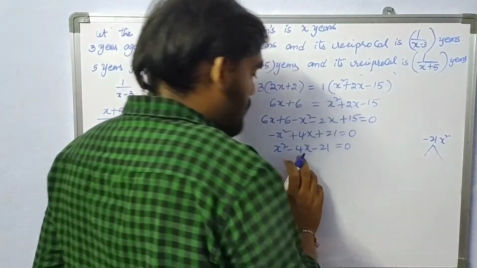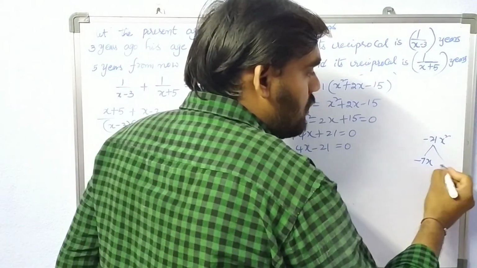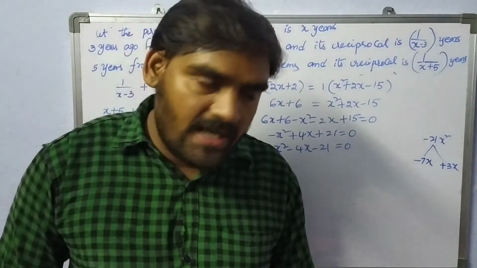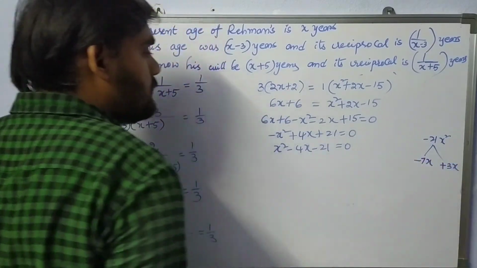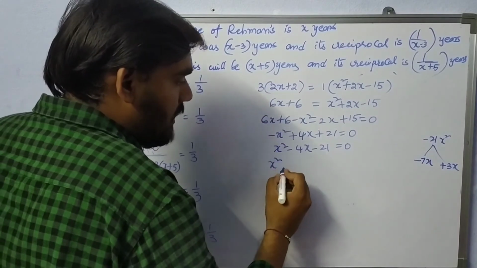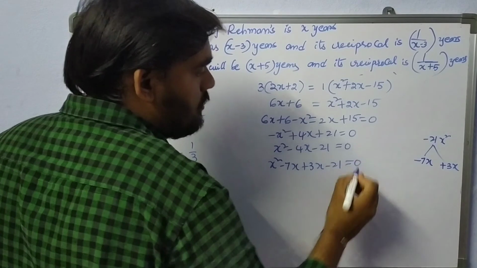So I am going to write those factors as minus 7x and plus 3x. Now x square minus 7x plus 3x minus 21 is equal to 0.